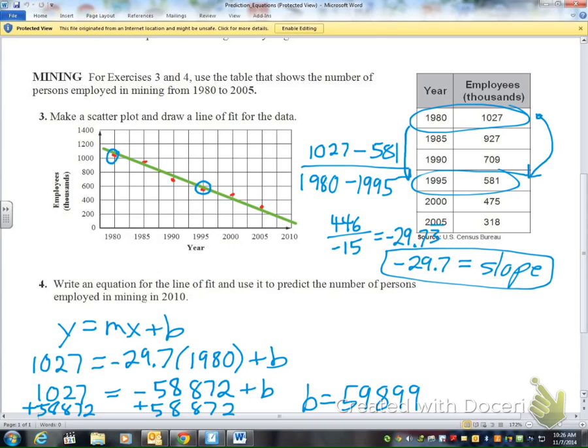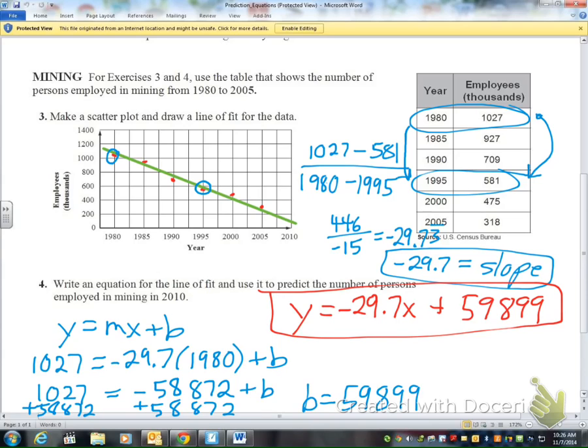So that means the equation for my line looks like approximately y equals negative 29.7x plus 59,899. Now again, that's just a possible answer.